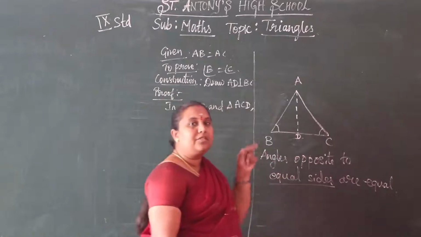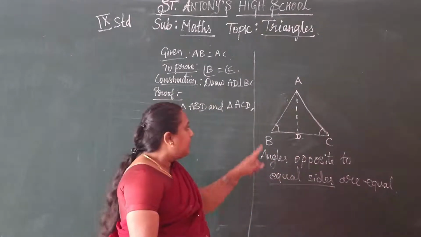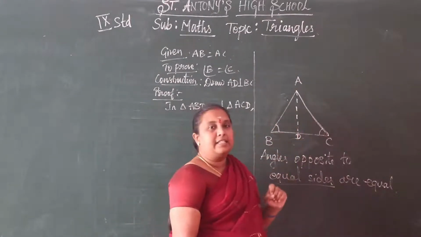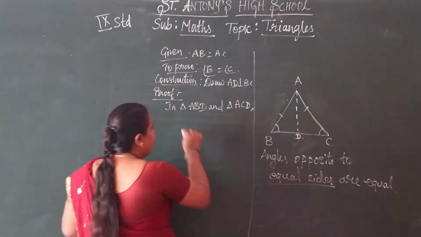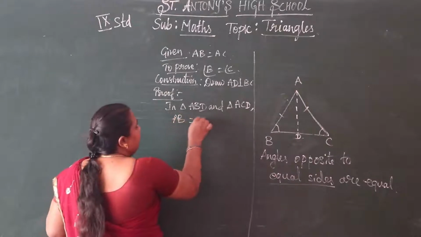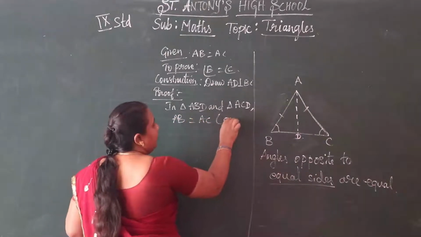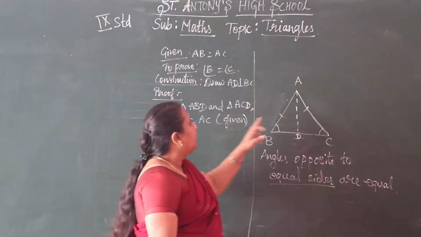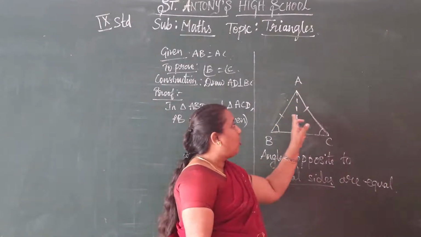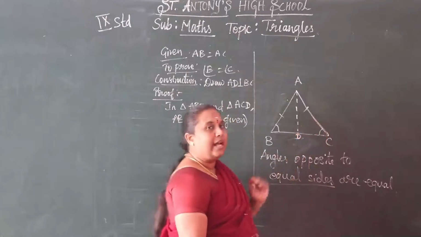we know that AB equals AC, that is, two sides of this triangle are equal. So first, AB equals AC, that is given. And AD equals AD, the common side of these two triangles.